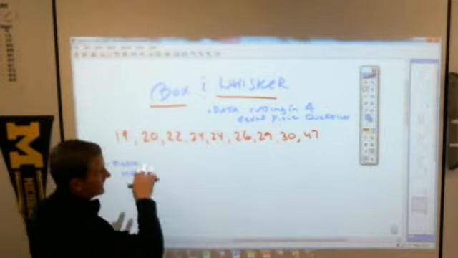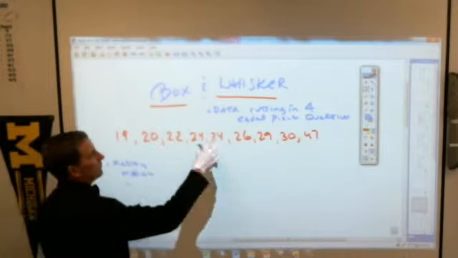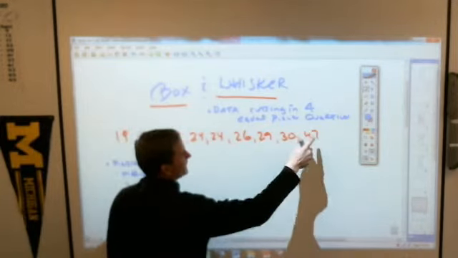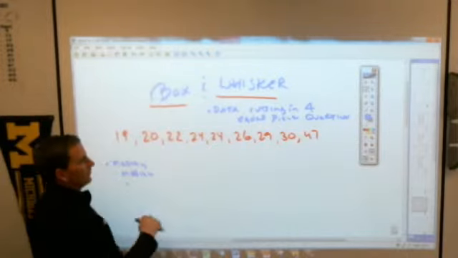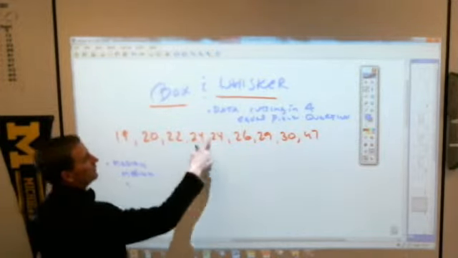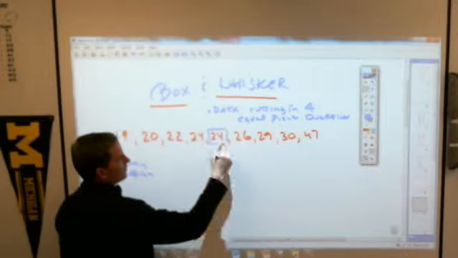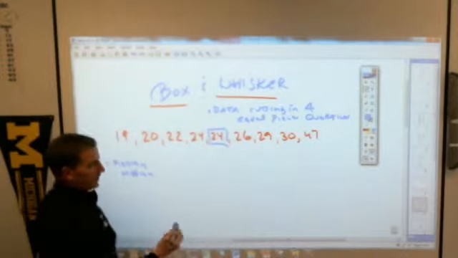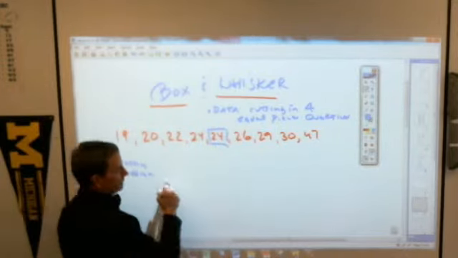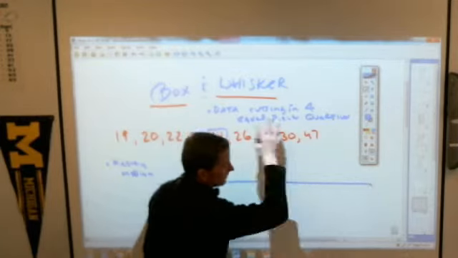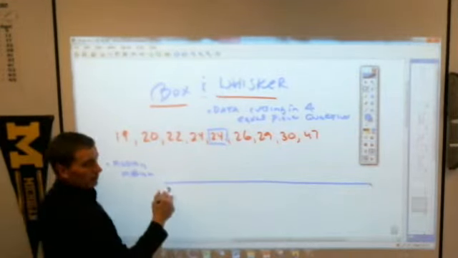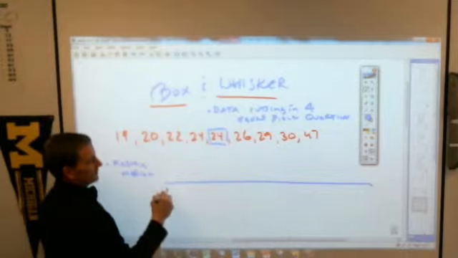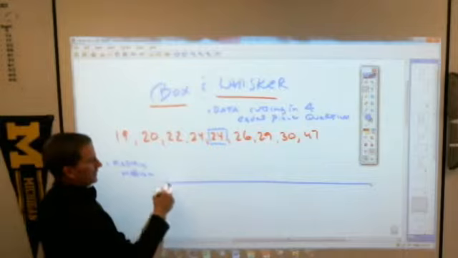So if you look at this data set here, 1, 2, 3, 4, 5, 6, 7, 8, 9. What number is in the midst of 9? The 5th number. 1, 2, 3, 4, 5. So this is your median. You need to make a number line that encompasses all these numbers. Let's go by 5s and start with 15, because we got to go to 50.